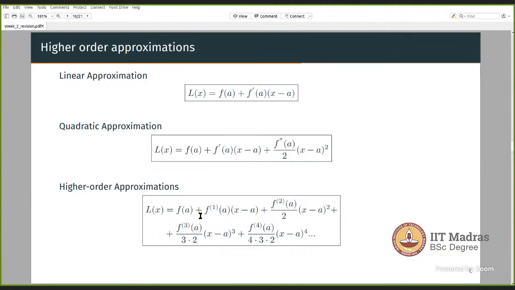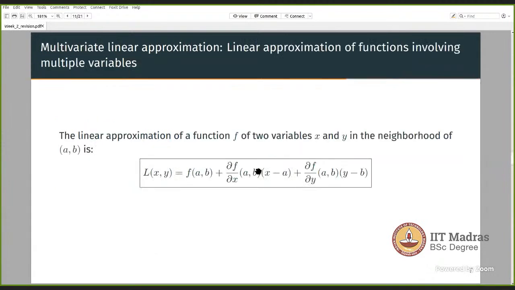What we are doing here is very simple to follow as well. f of a plus f dash a, the first order derivative, multiplied by (x minus a), plus f double prime a, the second order derivative of the function, divided by 2 factorial, multiplied by (x minus a) squared, plus f triple prime a, divided by 3 factorial, multiplied by (x minus a) cubed, and so on. This equation you can easily use to find any order approximation for a given function.